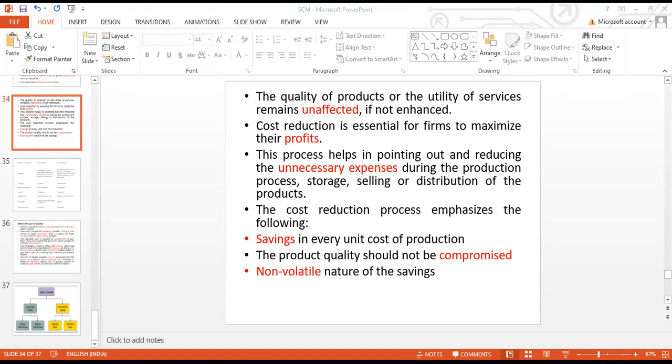Getting this? This involves evaluation and planning of use of physical, human and financial resources.